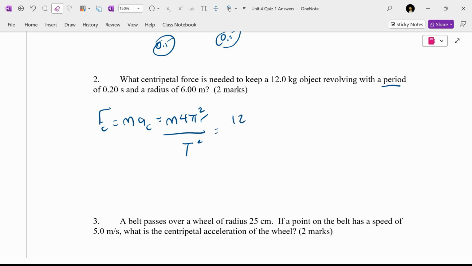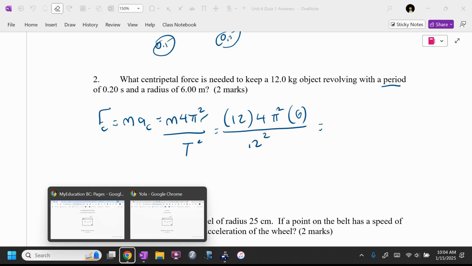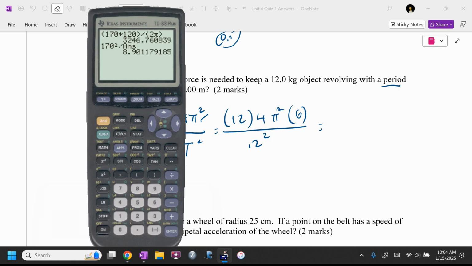It's going to be 12 kilograms, so bowling ball-ish, times 4 pi squared. R is 6 meters divided by 0.2. Don't forget the squared. I got a huge answer here, which at first made me nervous. 12 times 4 pi squared times 6 divided by 0.2 squared.